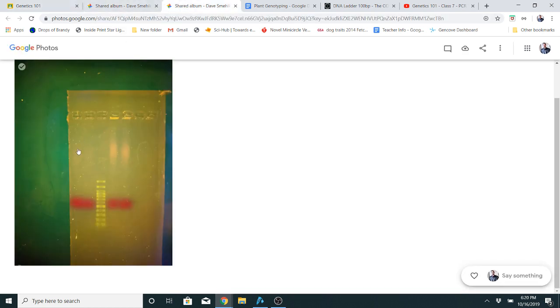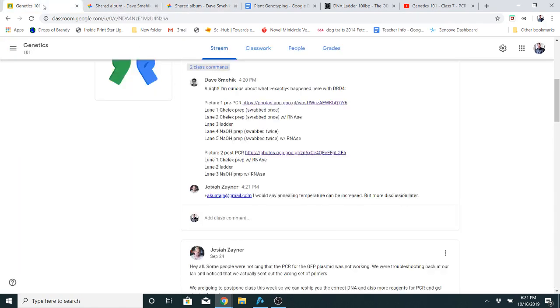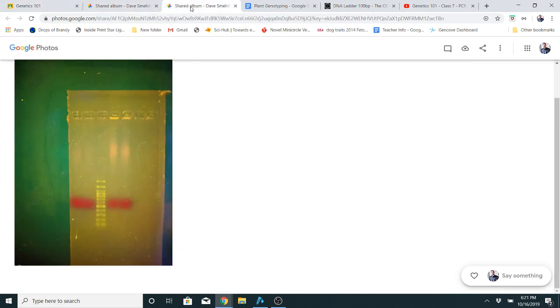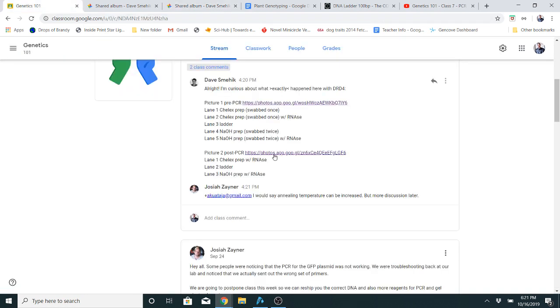So yeah, no real difference between 1 and 4 and 2 and 5, but there is a difference between the two preps. So the NaOH prep seems to have gotten more RNA. I don't know what the protocol is for the other prep, but this one definitely seems to have opened the cells a little bit better, though sometimes lots of stuff isn't great. And then post PCR, so that prep with RNase, that prep with RNase.